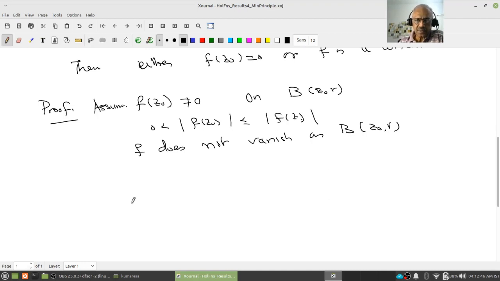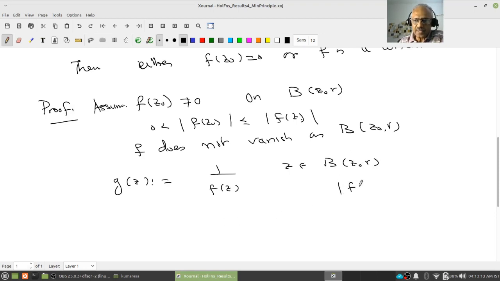Then what do you think you should do? I'm sure all of you know, the moment it does not vanish on a set, what are you tempted to do? And also remember, you want to apply the maximum modulus principle. So the obvious thing: define g(z) to be 1 by f(z), for z only in B(z0, R).